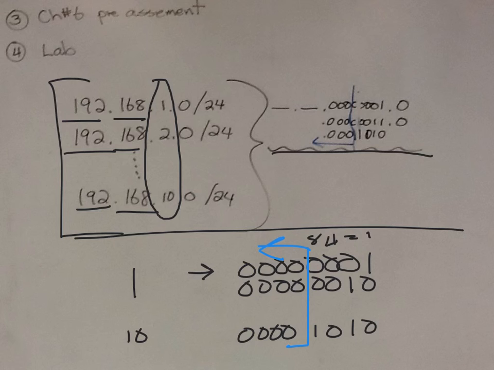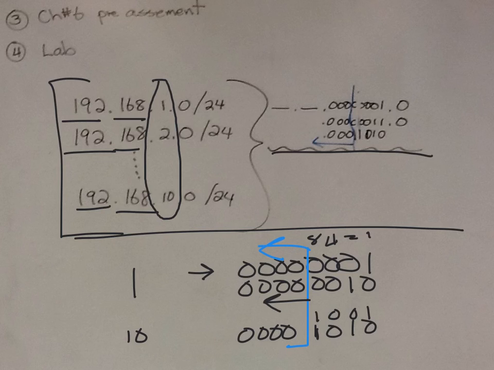From here on, they're all the same. And all those in between, because this is 10, 9 would be 1, 0, 0, 1, and all the others would fit in there. So where they're all exactly the same is from here on.